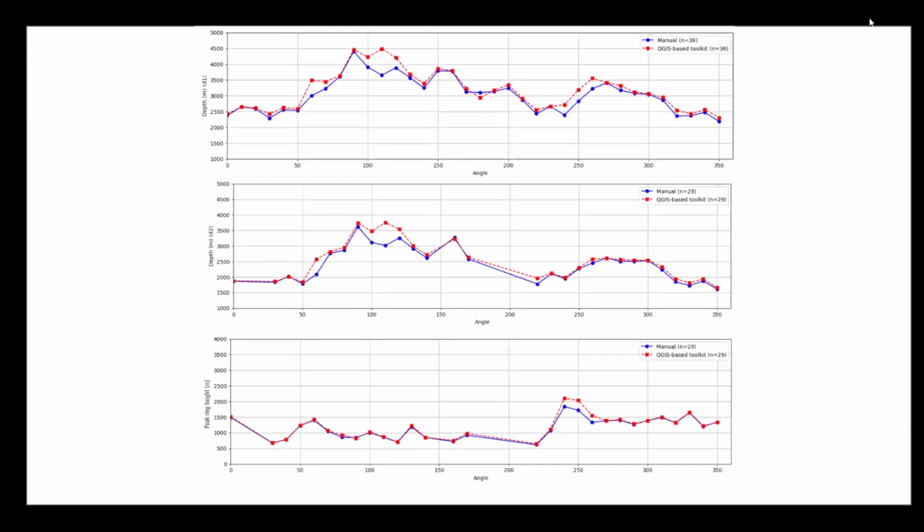And here I have the results for the last basin. We have the same two graphics, but as you can see, we can observe a difference between the manual and automatic values, mainly on the x-axis between 50 degrees and 150 degrees, where there is a gap in the first and second graphic.